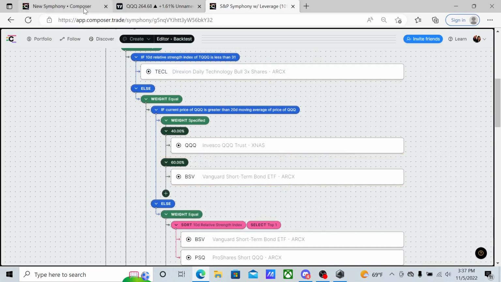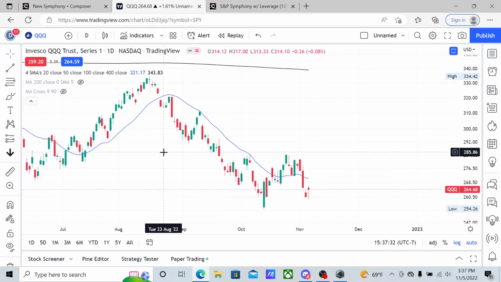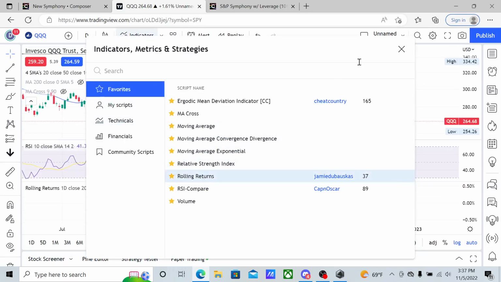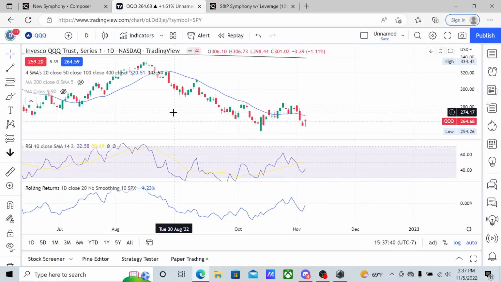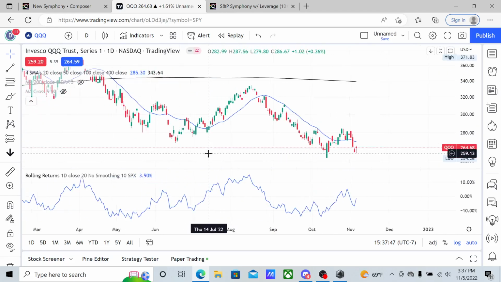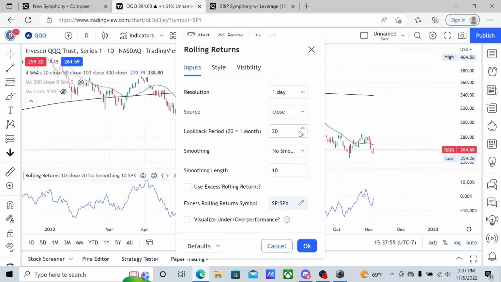The other thing you can do is go to TradingView and look at rolling returns. All right, correct me if I'm wrong, but rolling returns is essentially the same thing as cumulative return. Am I understanding that right? Let's just go 10-day.